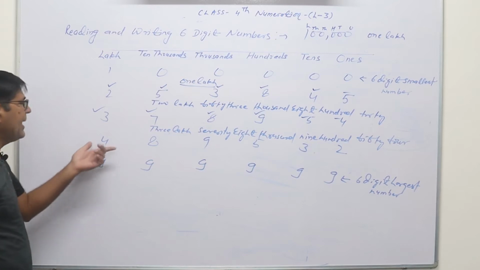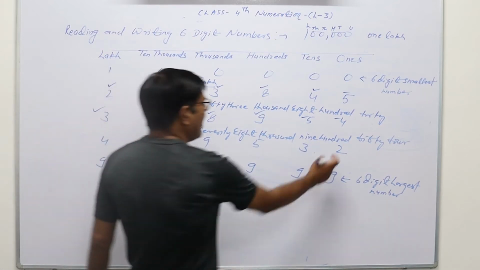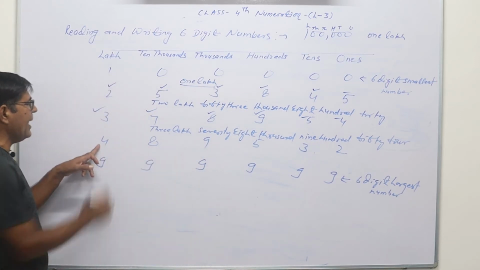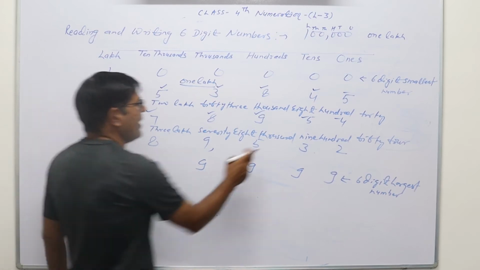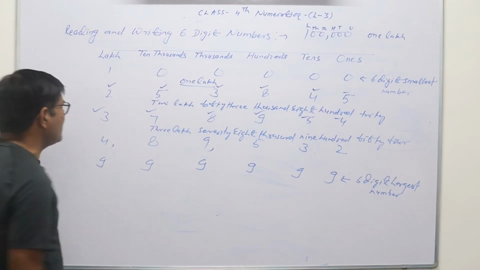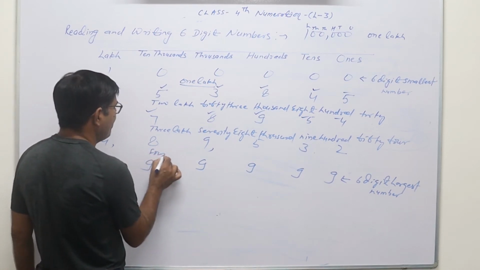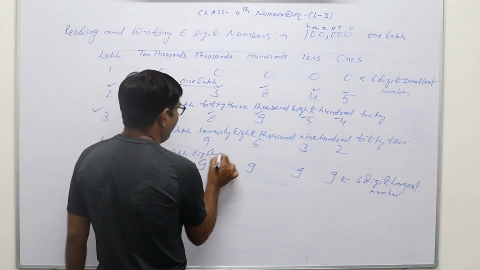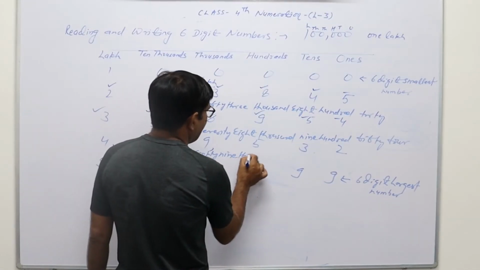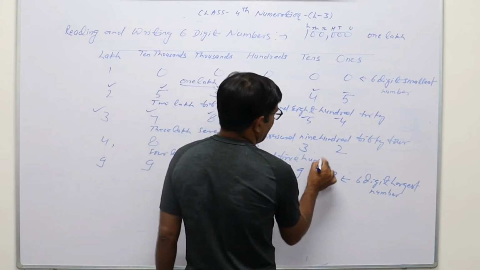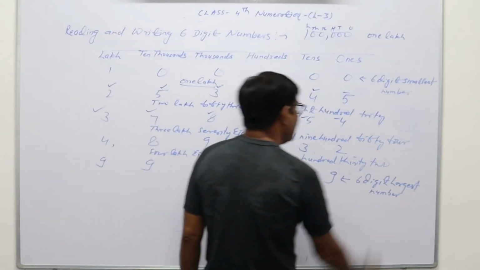Similarly, if we have to read this number, then how will we read? Ones, tens, 100, 1000, 10,000 and lakh. So 4 lakh 89,532. Write down this number in words form. So 4 lakh 89,532. This is the next number.